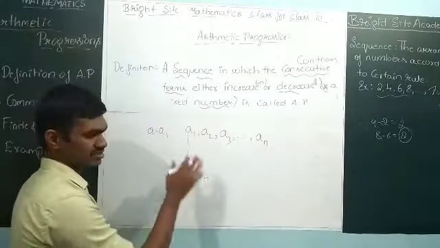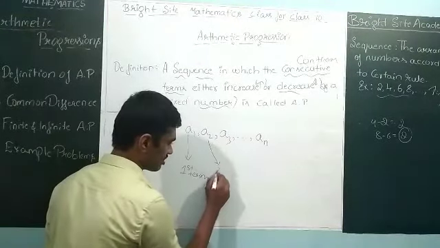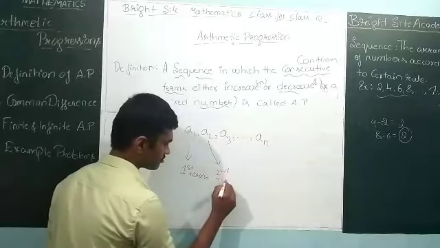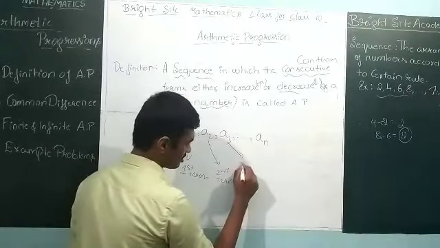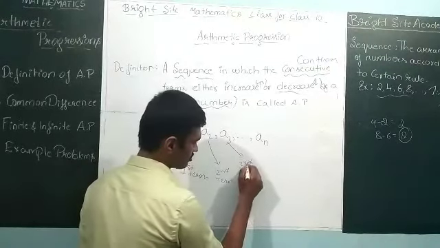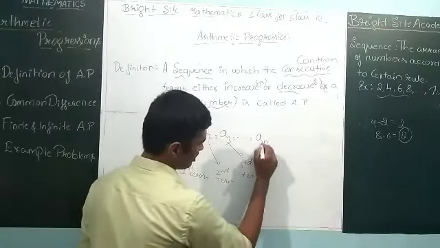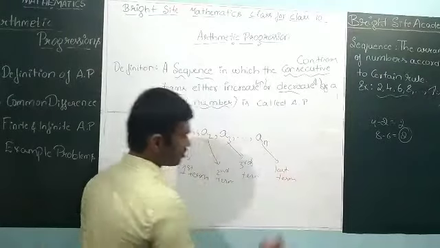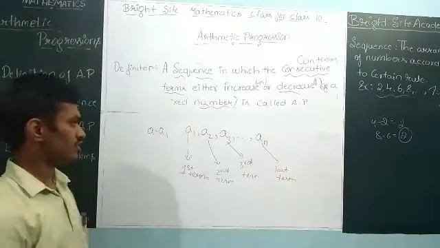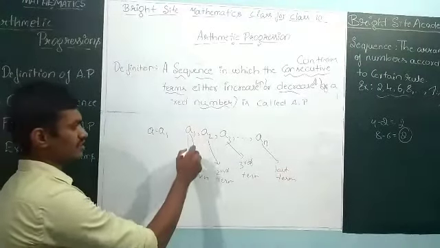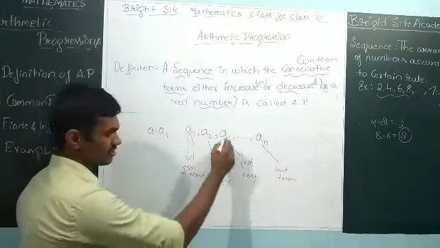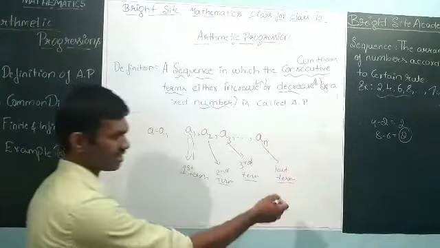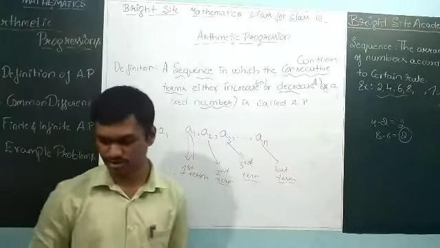A and A1 are the same, but A2 is the second term, A3 is the third term, similarly it continues on, and AN will be the last term. You need to be careful about this. A1 is the first term, A2 is the second term, A3 is the third term, and AN is the last term. You need to take care about this, right?